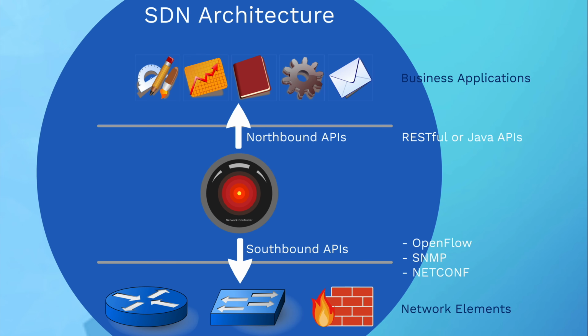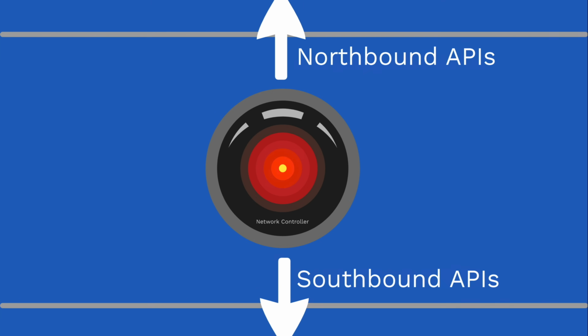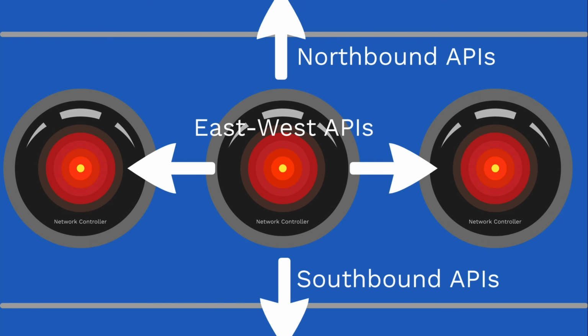Do I need to spin up additional routing capacity or switching capacity or firewall capacity or server capacity, depending on the type of capacity required? But the network controller at that point is in charge of taking the business intent and then translating it into low-level technical details. And there's also this idea of east-west APIs on network controllers, right?